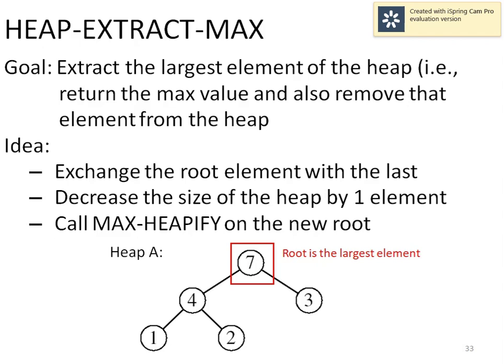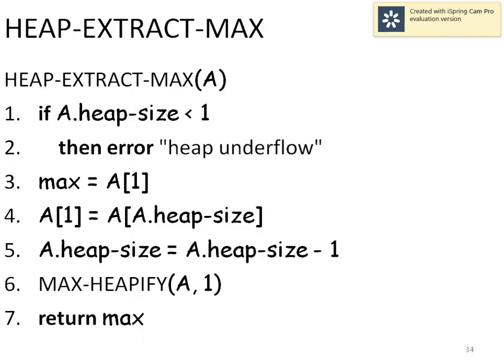If I look at the code for this particular function, we will have something like this. We have the heap extract max function, which accepts an array A that is being used as a heap. First we have to check whether the heap exists, because if it does not, we will not be able to delete anything from it. So we check if heap size is less than 1; that is a condition of underflow, and we have to stop.